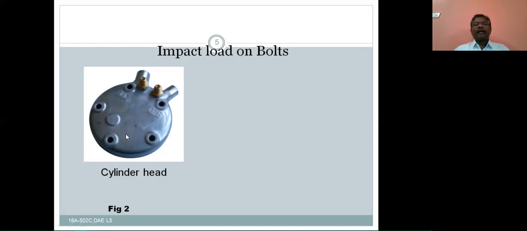During the working of an IC engine, impulsive or shocking forces act on the cylinder cover intermittently. That means during the other strokes there are no impulsive forces on the cover, whereas during the power stroke there are impulsive forces acting on the cylinder cover.